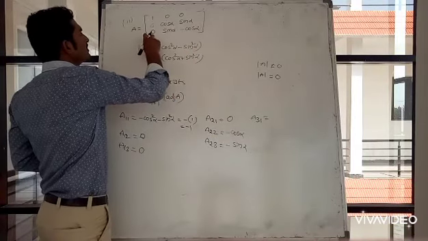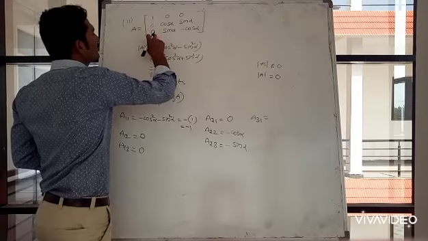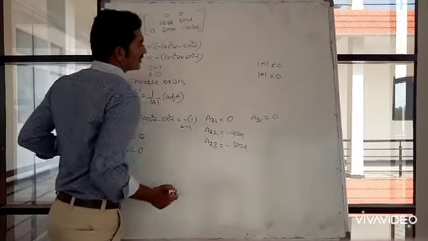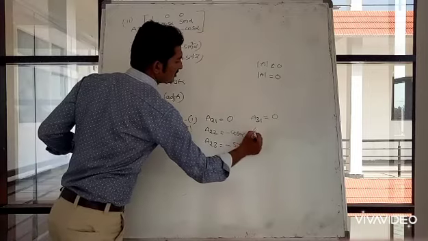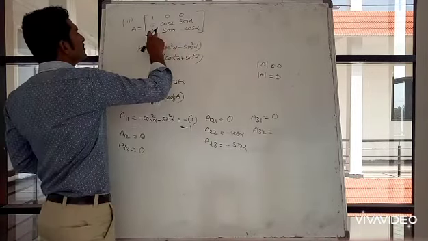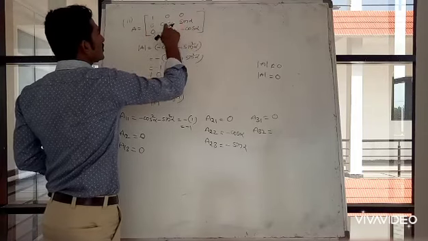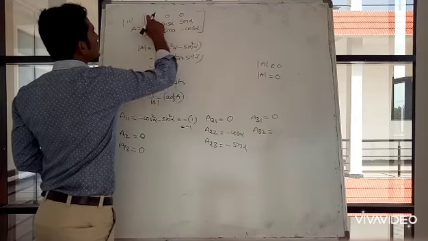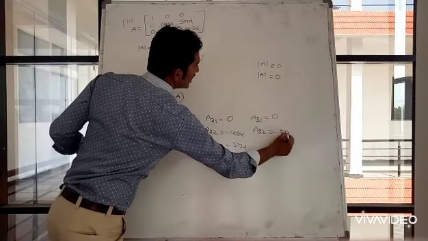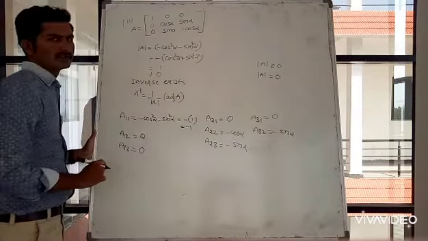Next, A31: leave this column and row, we get 0. Don't think about the sign if you are getting 0. A32: leave the row and column, we get sin alpha, and minus sin alpha will come because 3 plus 2 is an odd number.